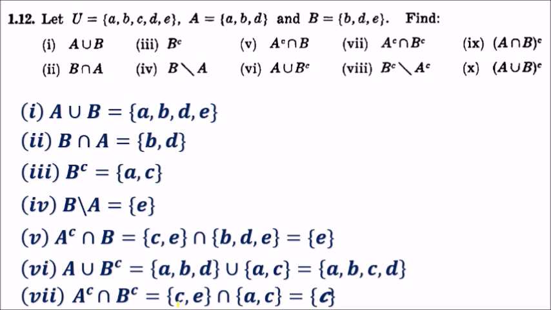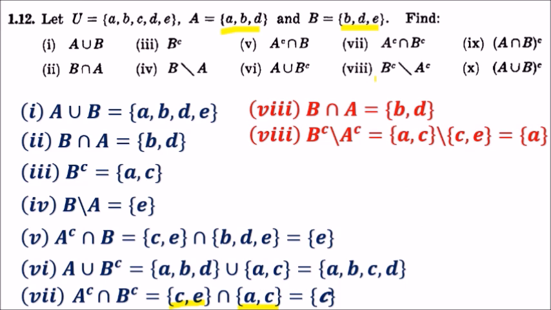So the complement of A, we have yung kanina, no, yung lahat ng elements na makikita natin sa U na wala sa A. So yan ay C and E. And then the complement of B, lahat ng nasa U na wala sa B. So B natin is B, D, E. So ang wala dyan na nasa U ay A and C. So kunin natin yung element ng intersection ng dalawang sets na to. So nakita natin, meron silang both element C. So therefore, the answer is the set containing the element C.